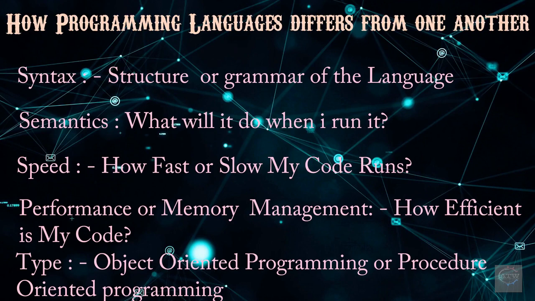One more advantage of Java is that it has garbage collection, which reduces memory usage. And the final one is the type of the programming language, whether it's object oriented or procedure oriented.